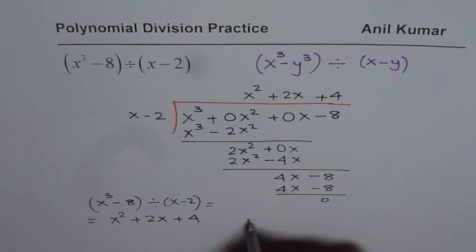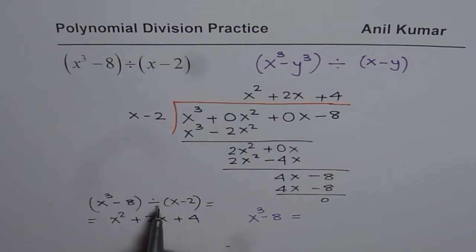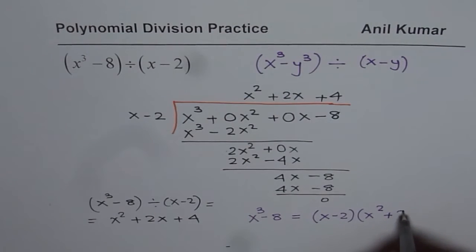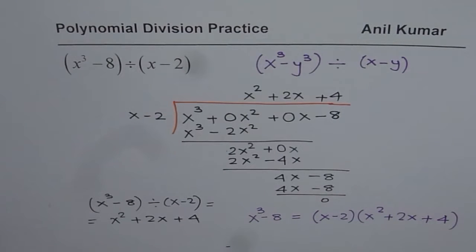That is to say that x cubed minus 8 can be written as, since this is divided, it goes to the other side as a product, correct? So we rearrange this equation: x minus 2 times x squared plus 2x plus 4, right? So we get that kind of a result.